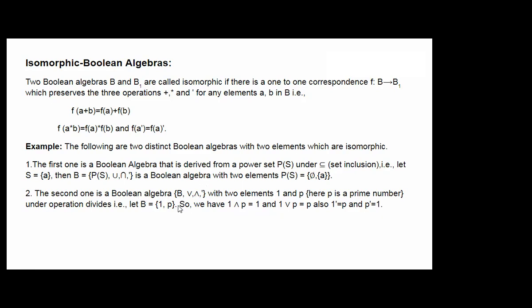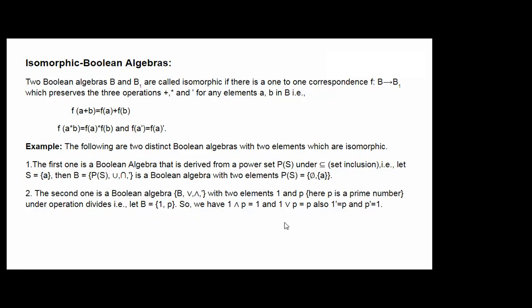This gives the Boolean algebra example here in this second example. P is the prime number, meaning the highest element is P and the lowest element is 1. Here it is the Boolean algebra. 1 is the least element, P is the greater element. If we take the AND operation between these two elements, 1 and P, it will give us 1, which is the meet of these two, and 1 or P will give us the join, that is P. P is the greatest element.